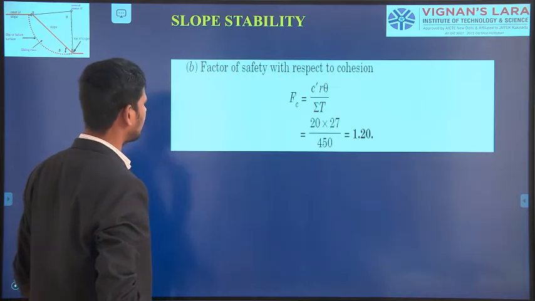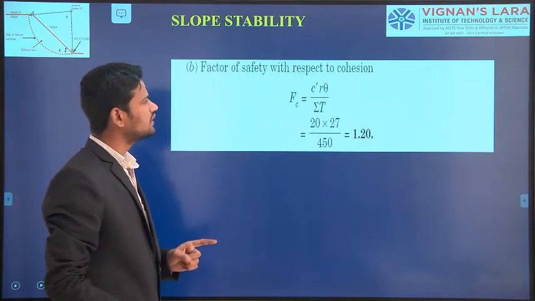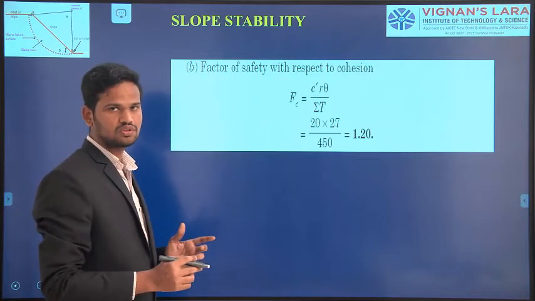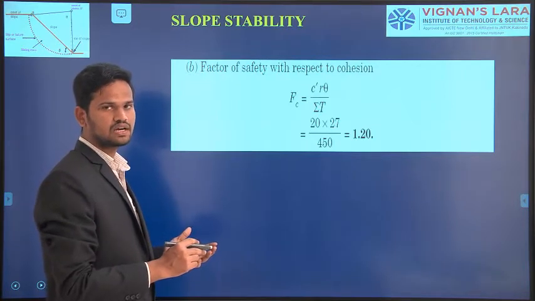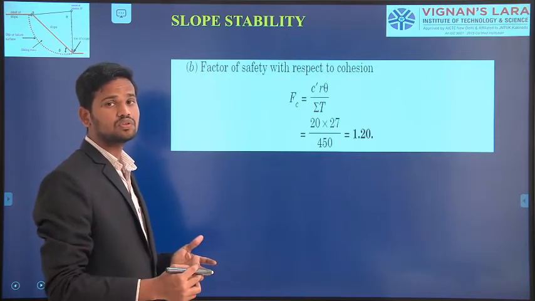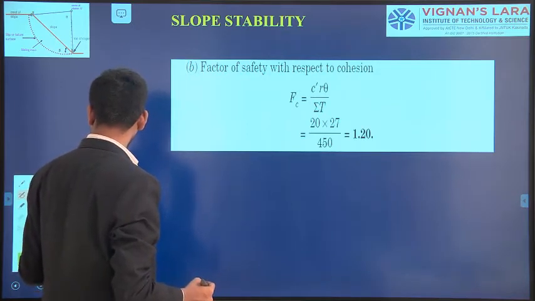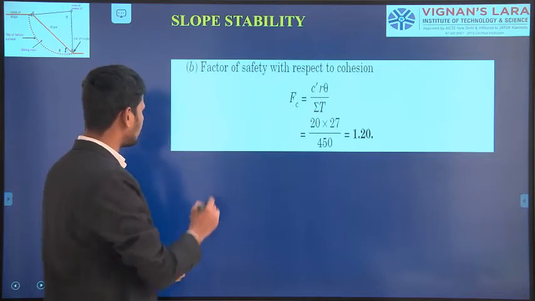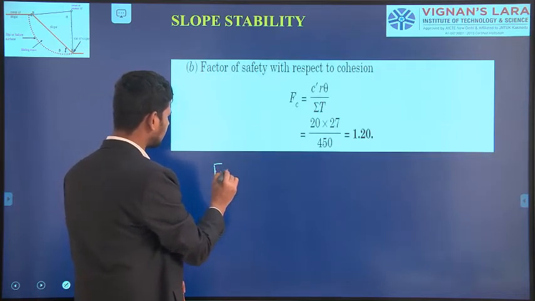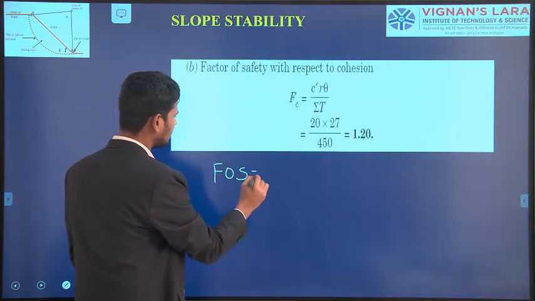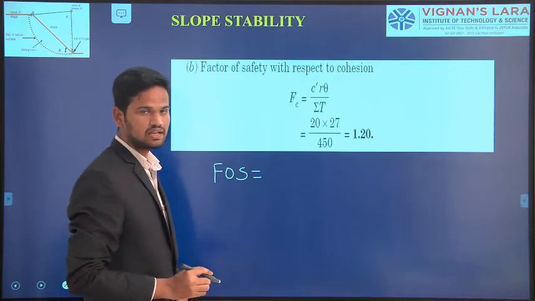Okay, next we have the factor of safety with respect to the cohesion. In the previous condition we considered only the factor of safety with respect to shear strength. In this condition they are asking to find the factor of safety with respect to cohesion. We have already considered factor of safety for different types of soil condition.